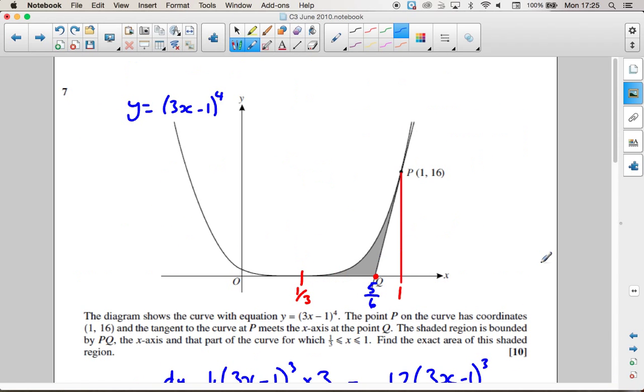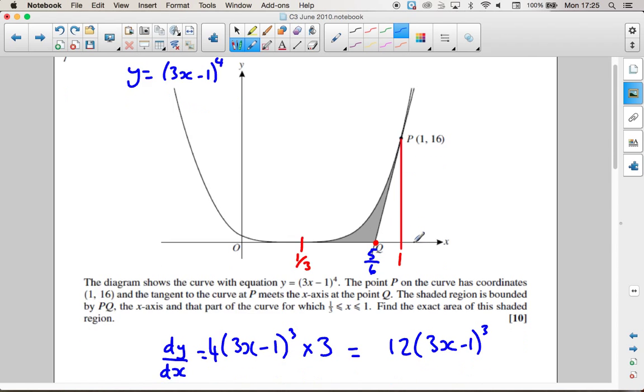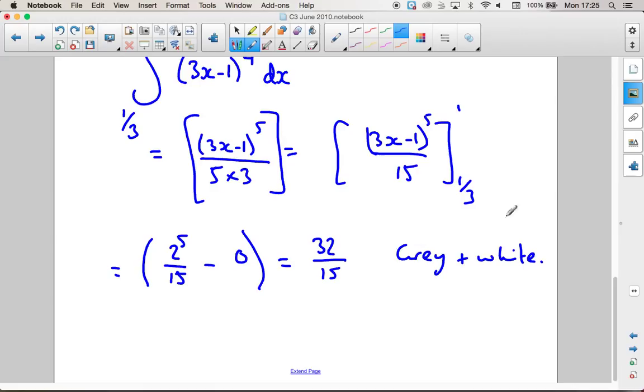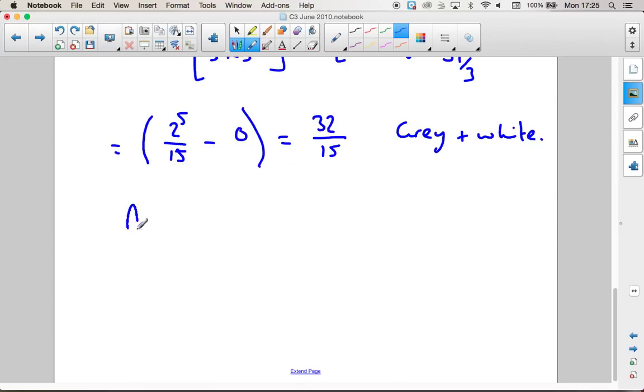We then need to find the area of this white section here, this triangle. We can see that it's got a base width of 1/6 and a height of 16. So the next job is to write down the area of the triangle, which will be half the base times the height, so that's a half of 1/6 of 16, which simplifies to 4/3.